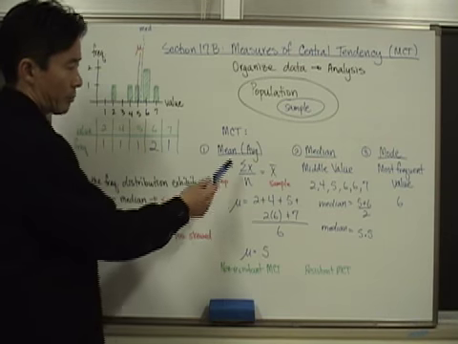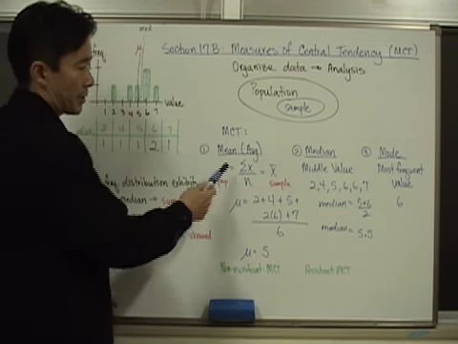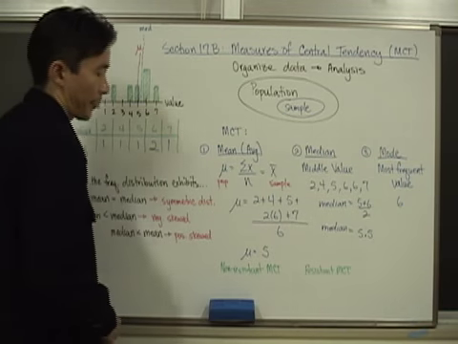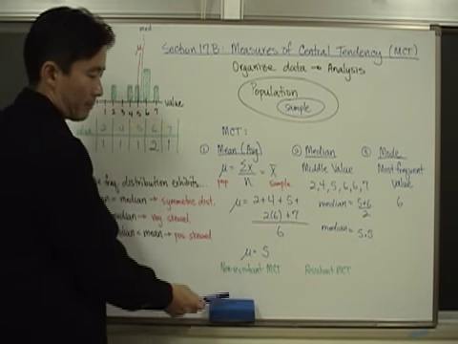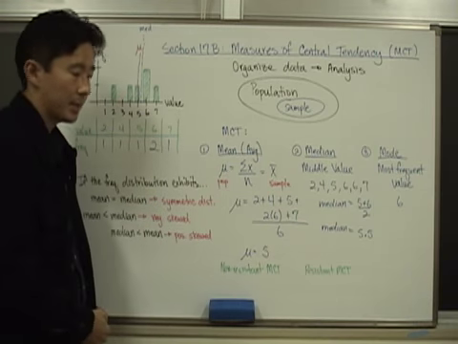And that's with regards to the measures of central tendency themselves, and in particular the mean and the median. Now, the mean is actually called a non-resistant measure of central tendency.